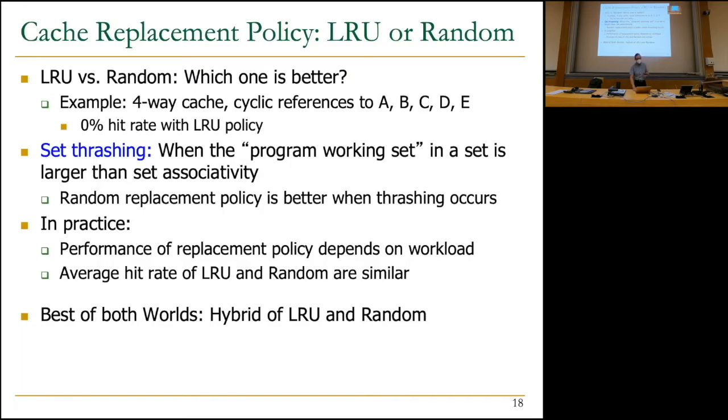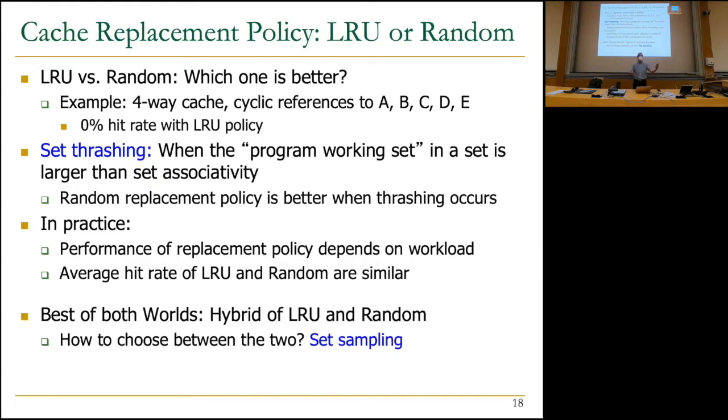But hybrid policies are relatively easy to implement. You may have each set, for example, implementing both LRU and random, and dynamically you decide which one to use. You can do this by sampling sets. I'm not going to go into the details of exactly how this is done, but you can imagine. Dynamically, you emulate each policy and say, for this set, LRU is doing better; for this set, random is doing better.